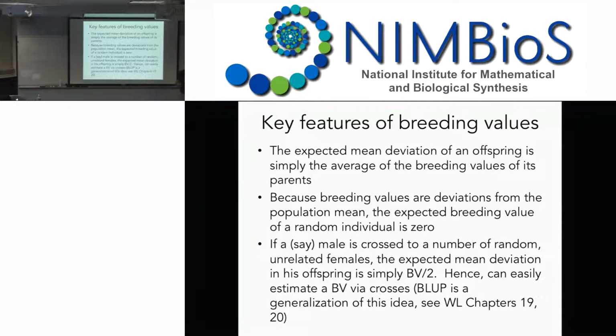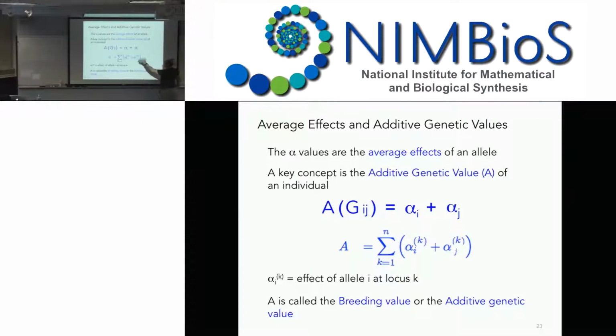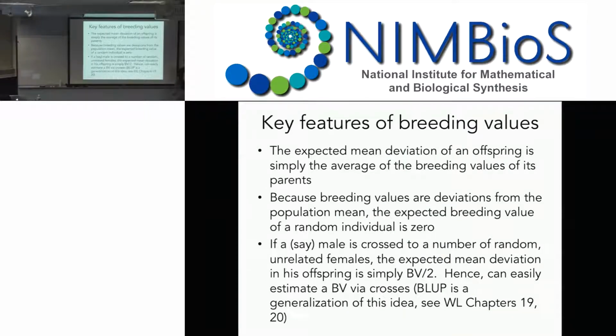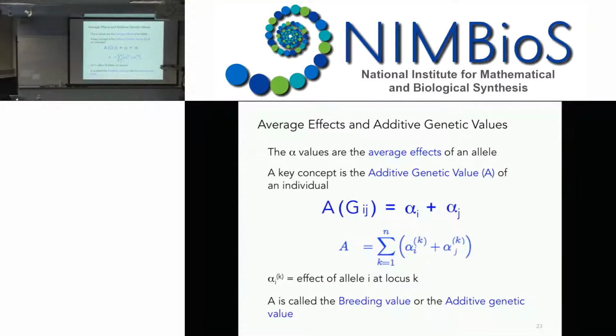My offspring mean then is my breeding value over 2 plus 0 over 2. So twice the deviation of my offspring from the population mean is my breeding value. So even though breeding value has this really abstract notion of where it comes from, you can actually estimate it directly.